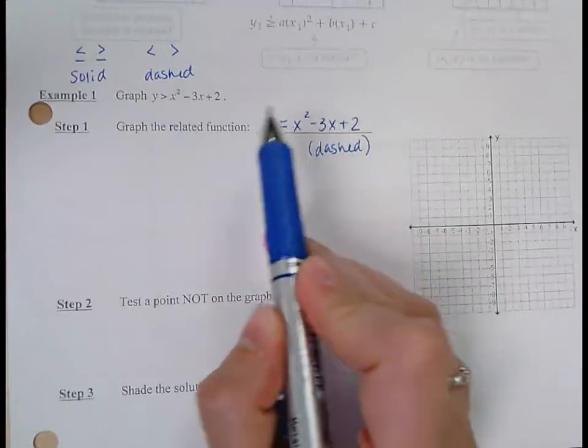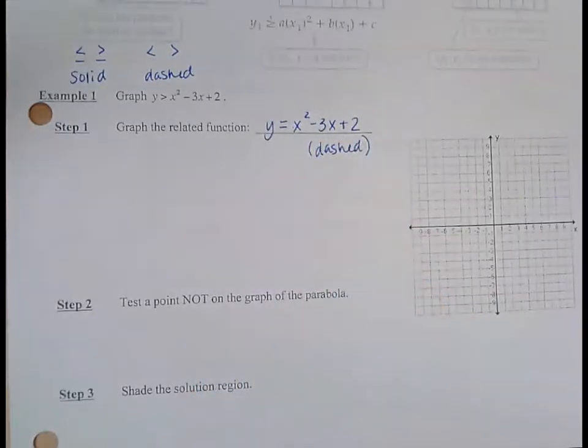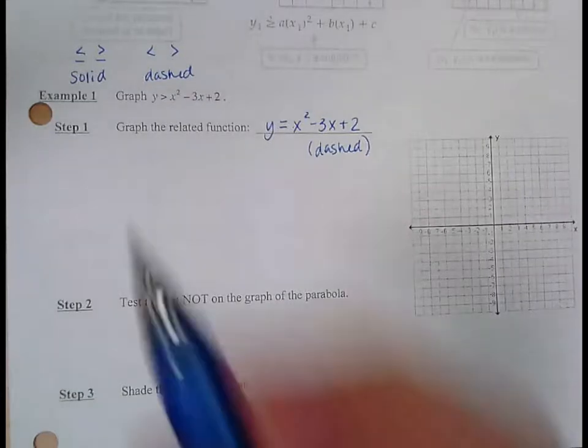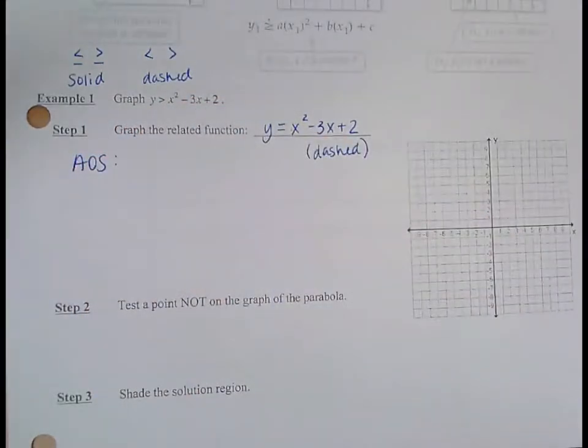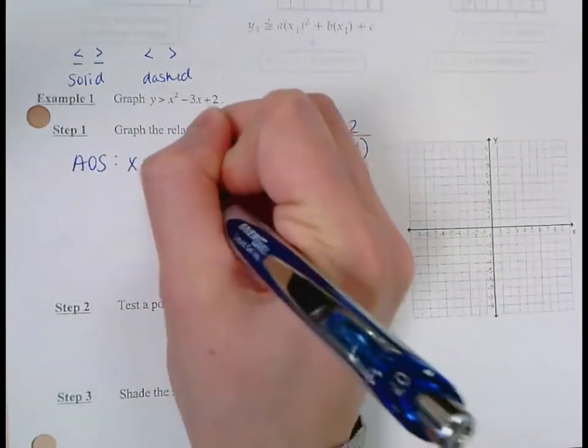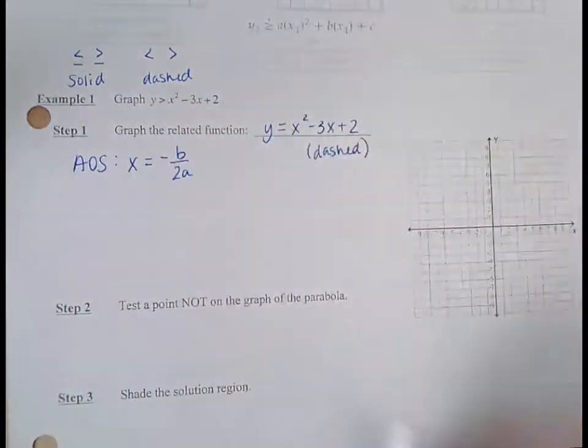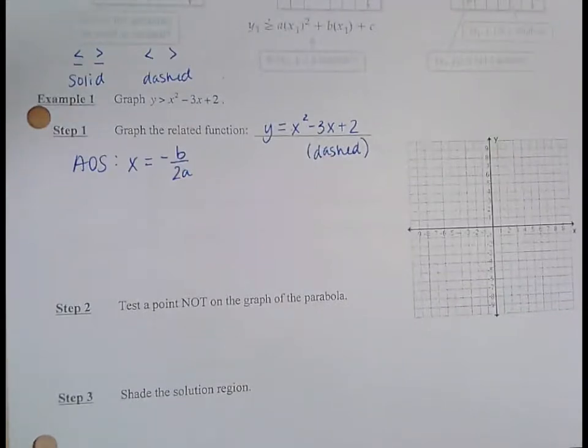So here we have a function in standard form, ax squared plus bx plus c. This is a review for how to graph. How do you graph this? What do you find first? We can find the axis of symmetry. How do you find that? Yes, opposite of b over 2a. So again, that's a formula you'll be given, but you have to know that's what it's used for.